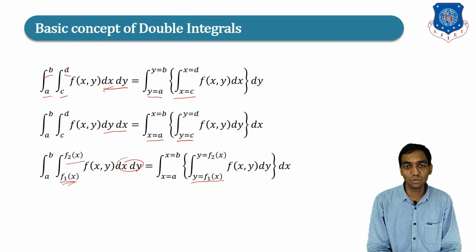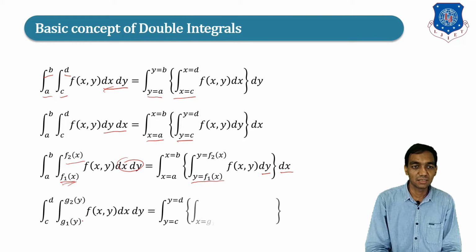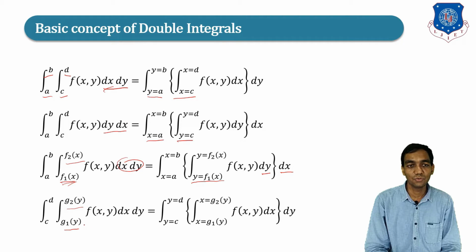In that case, first you have to integrate with respect to y, and then the outer limit is of x, so then you integrate with respect to x. In the same manner, instead of f1 of x, f2 of x, if we have g1 of y, g2 of y, that means now you have a function of y. That means it is a limit of x, and then first you have to integrate with respect to x, and then the outer limit from C to D is the limit of y.